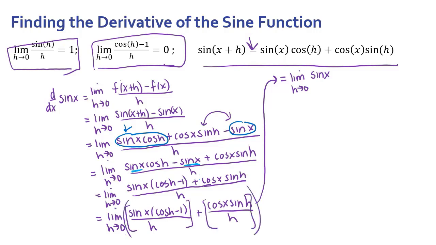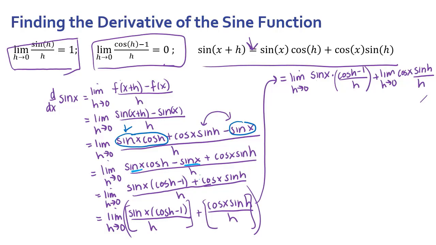We're taking the limit of this whole thing, so this is the same thing as the sine of x times the cosine of h minus 1 all over h. I'm also going to distribute the limit through, so plus the limit as h approaches 0 of cosine of x times the sine of h over h.